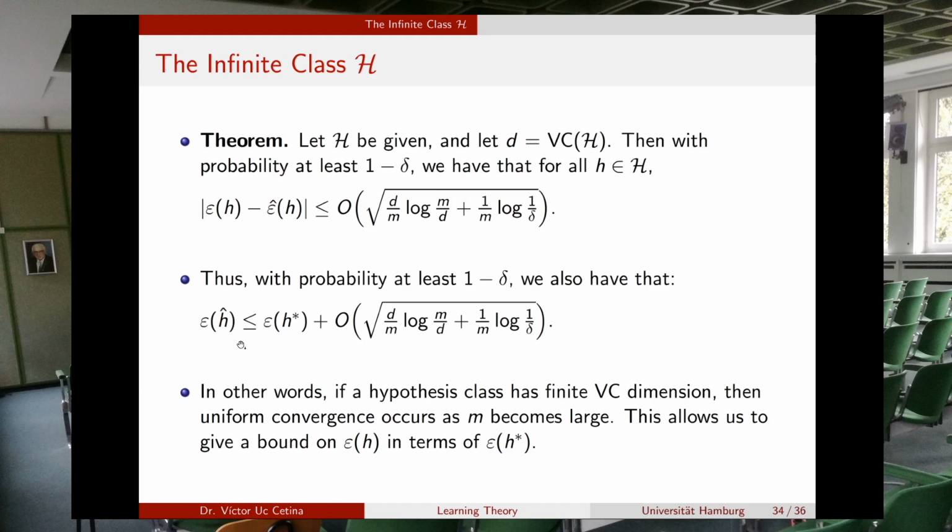So again, the difference between the expected error and the estimated error is going to be bounded by the number of examples. As we increase the number of examples, we are going to reduce the distance between the empirical error and the generalization error. And this is a result for an infinite number of hypotheses given in a certain hypothesis class.